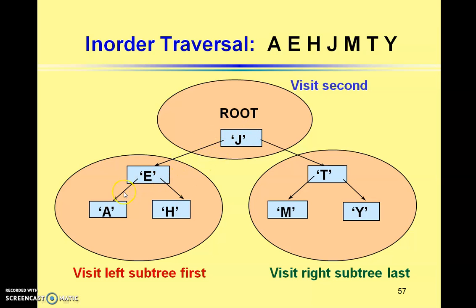So you always look way down the left, parent, right, which means you go to the left, parent, right. So this goes A, E, H, J, M, T, Y.